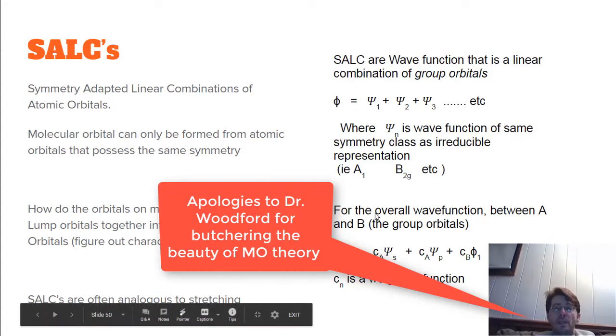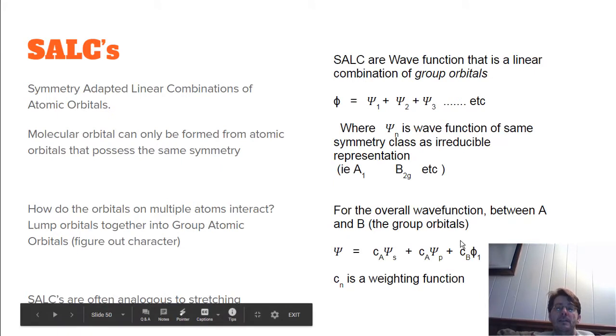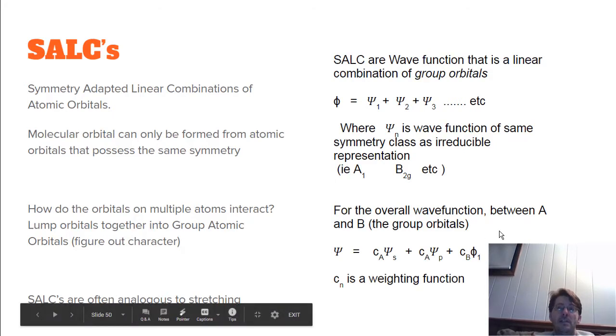And so we can look at the combination of these orbitals, and what we find is that as long as this is non-zero, they can combine, and this only happens when they have the same symmetry species.